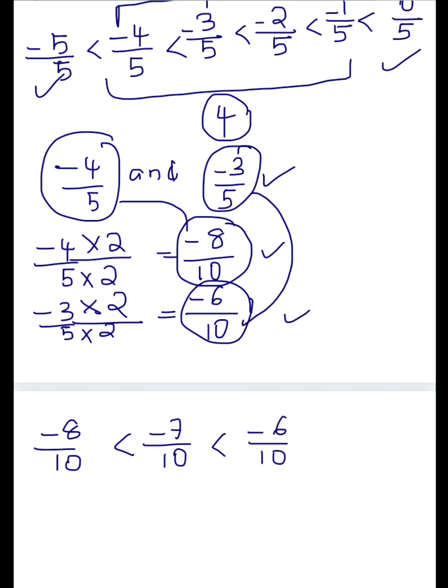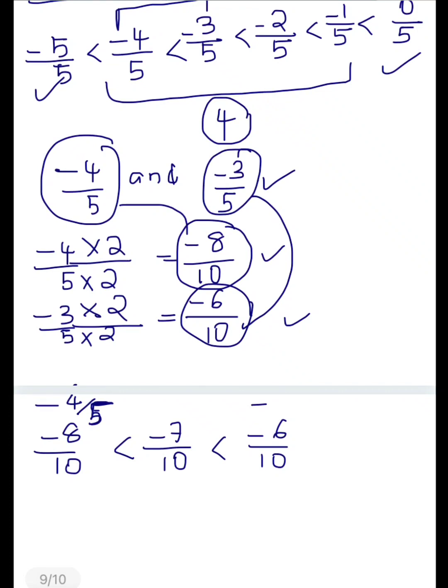That means minus 8 by 10 is minus 4 by 5, and minus 6 by 10 is minus 3 by 5. So you have found the rational number between minus 4 by 5 and minus 3 by 5.